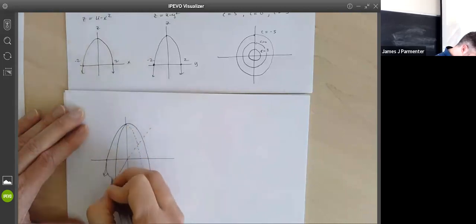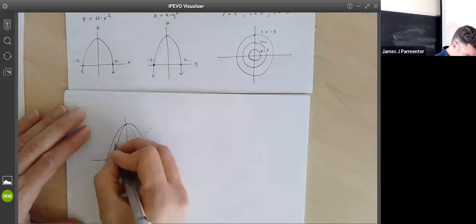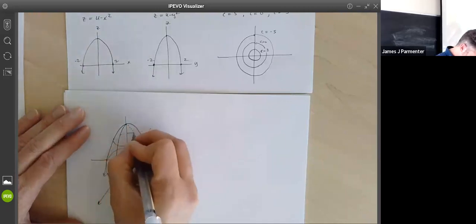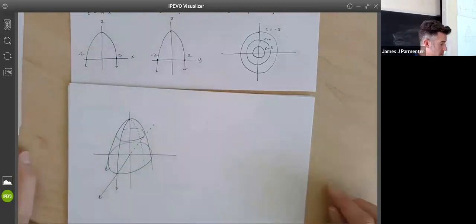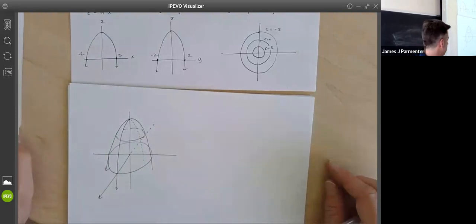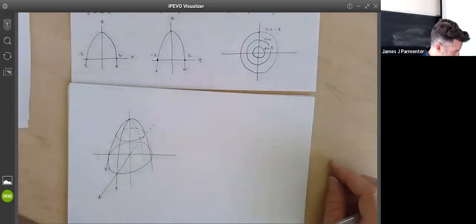And then it's kind of like that. Downward opening paraboloid. My picture's not the best, but you know, that'll be forgiven.